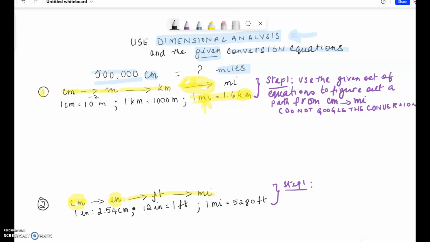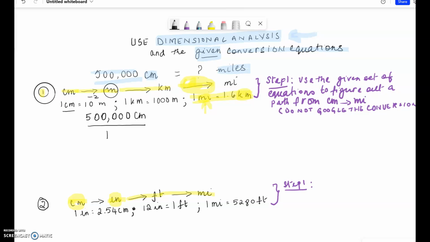So we start off with, we're going to use the first method. So we start off with 500,000 centimeters, and we put it over 1. Now we need to convert centimeters to meters.